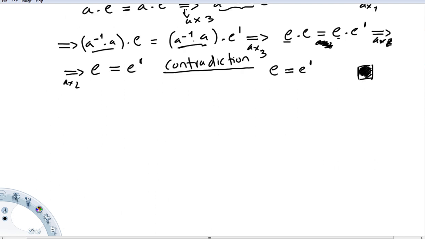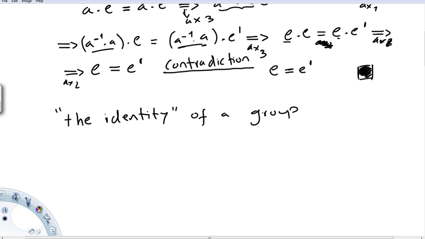Now that this theorem is proved, we can say the identity of a group. Not one identity or anything like that, the identity of a group.